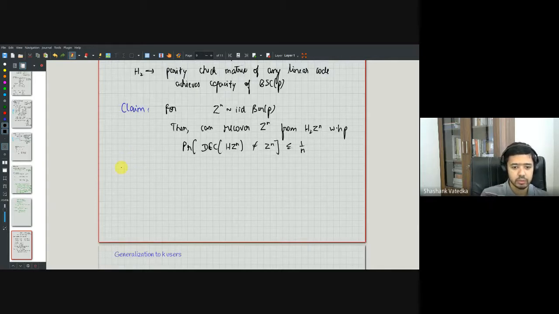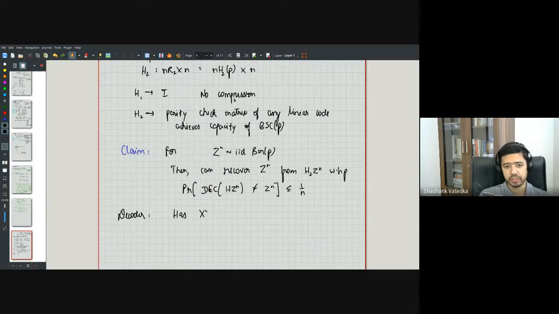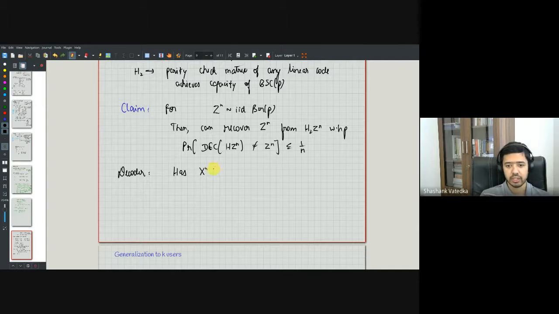So what does a decoder do? What does the Slepian-Wolf decoder do? So what does the decoder have? The decoder now has access to the two code words. It has xn exactly, since we're not compressing xn at all and just sending it directly. We don't have yn exactly, but we have H2 yn.